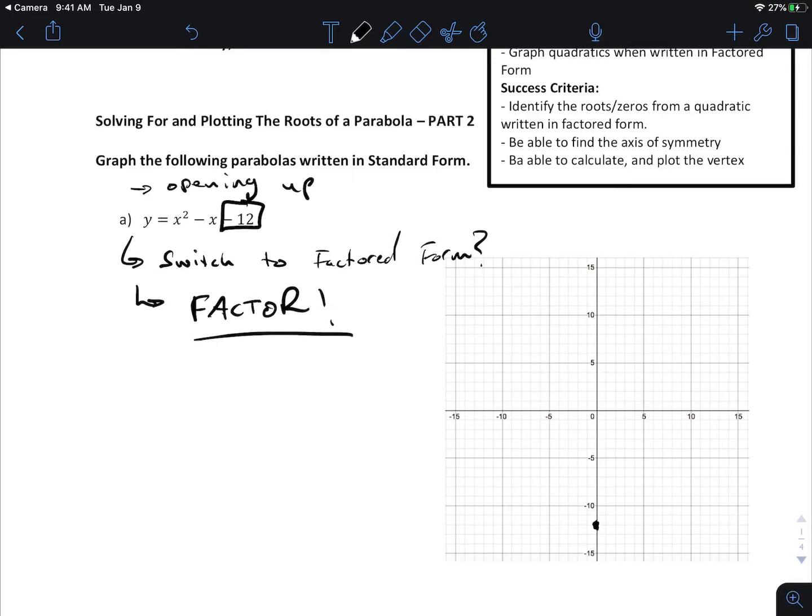Okay, factor. So how do we factor? We find the multiples and what adds, and then find the two numbers that satisfy both those conditions. So in this one, we want to find two numbers that multiply to negative 12, add to negative 1.